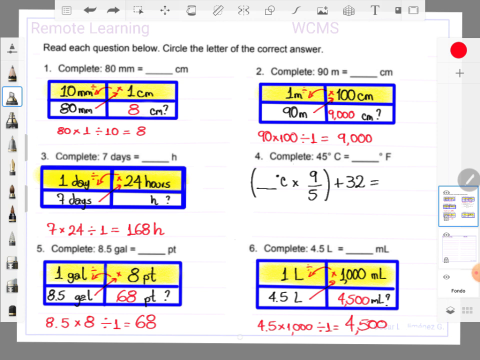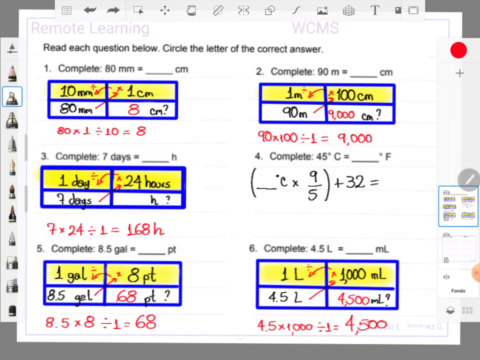On these exercises, you need to use the correct conversion factor and the cross multiplication rule.